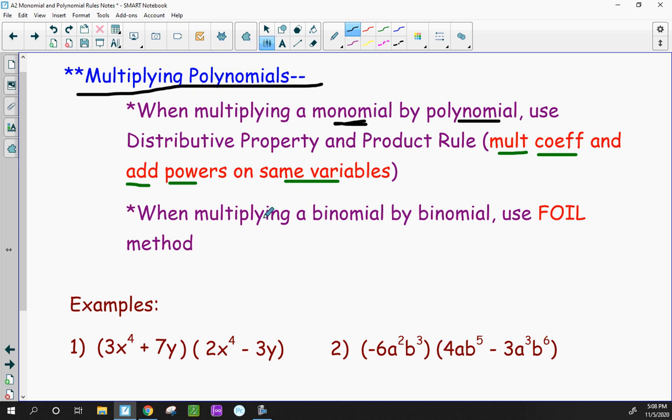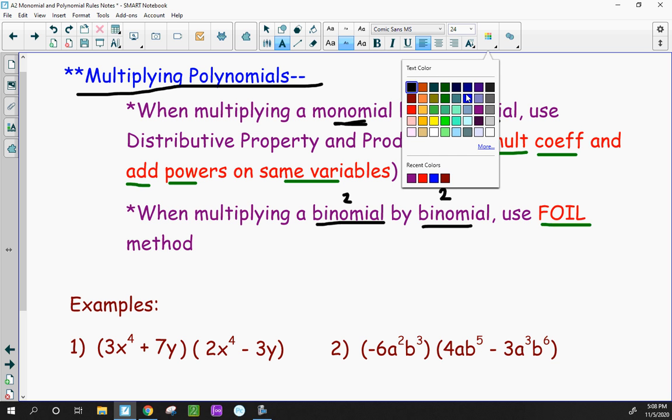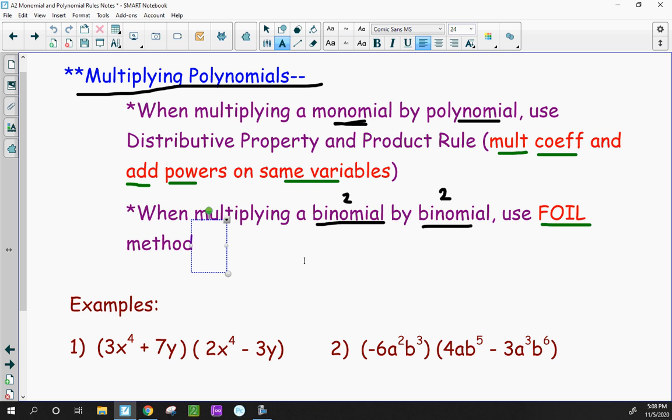Second, when you're multiplying a binomial, which means there's two terms, and the other polynomial has two terms, you're going to use what's called the FOIL method, and you should have done this in Algebra 1. The FOIL method, just a quick review, making sure we all remember, is first, outer, inner, and last.